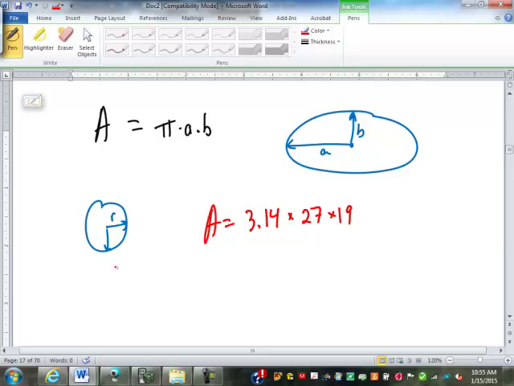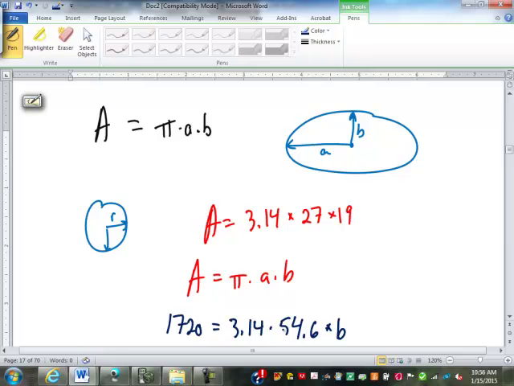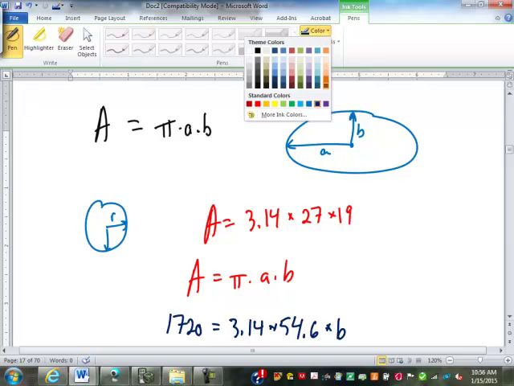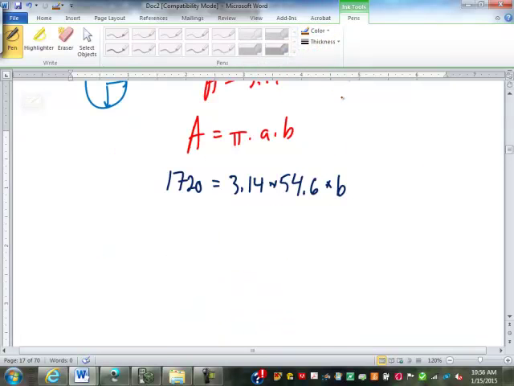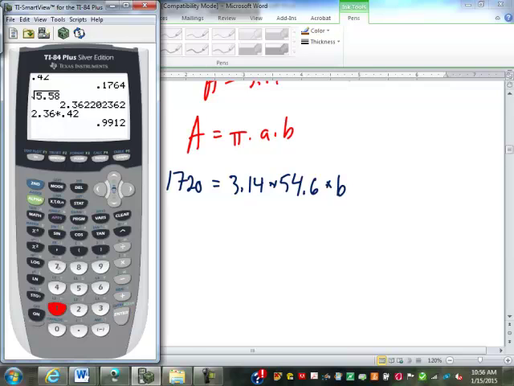For number 19, we've got to work backwards. We know the area, which we'll fill in as 1720. Pi is still 3.14. We'll let A be the major axis, which is 54.6, and we're looking for B. So to solve this, I tend to use the easiest way.